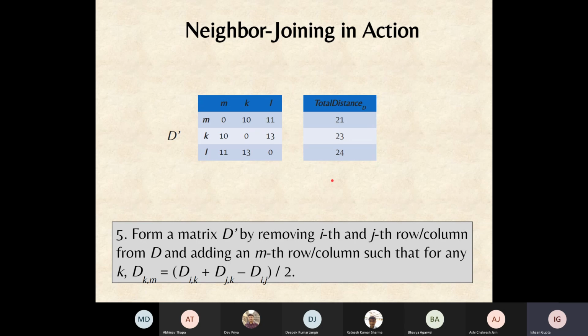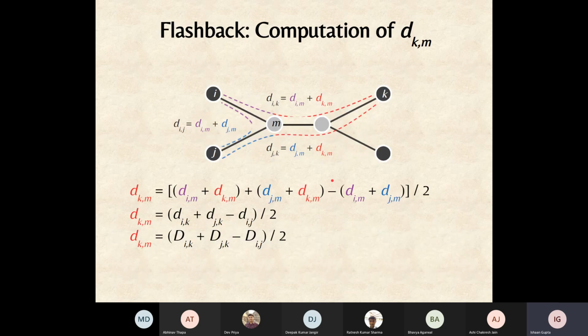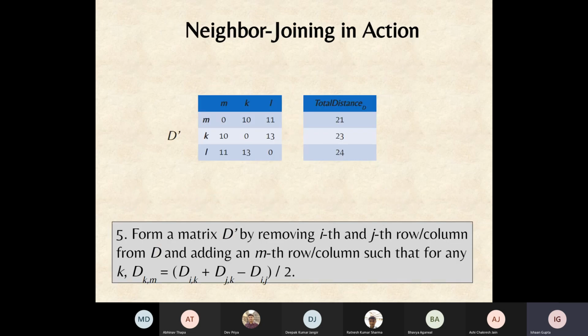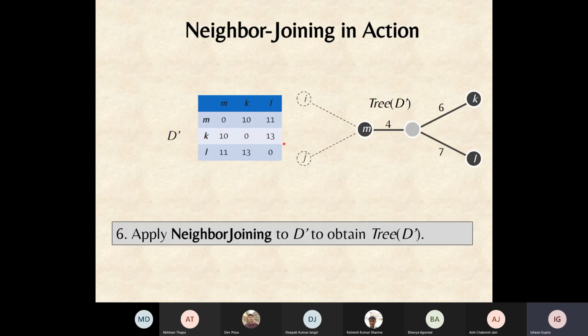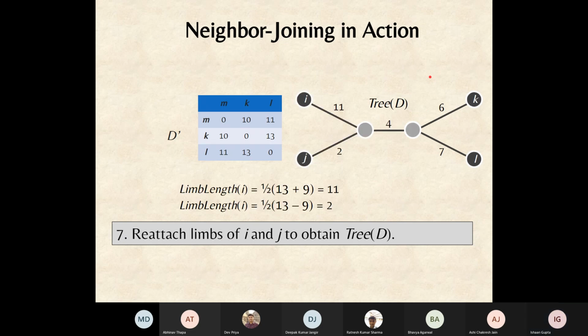You can keep on repeating this idea, and you will be able to calculate these distances again and make the matrix. You do the same thing. You apply neighborhood joining on the D prime matrix. So to obtain the tree for this D prime matrix, you will apply the same ideas as before.